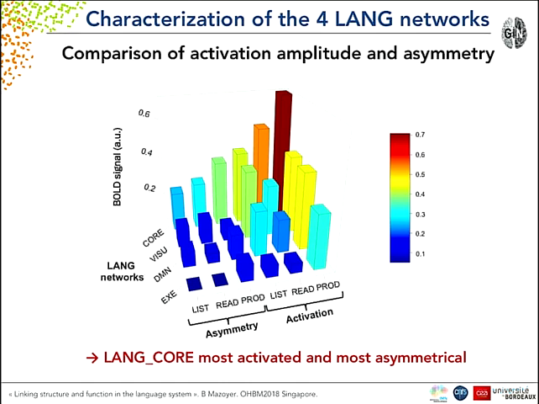Meaning that, again, it's not just by looking at what pops up, but the intensity of what pops up, whatever that means in terms of neural activity, and the asymmetry, because the core is by and large the most asymmetric area, which really helps you localize the networks that are involved in your task.